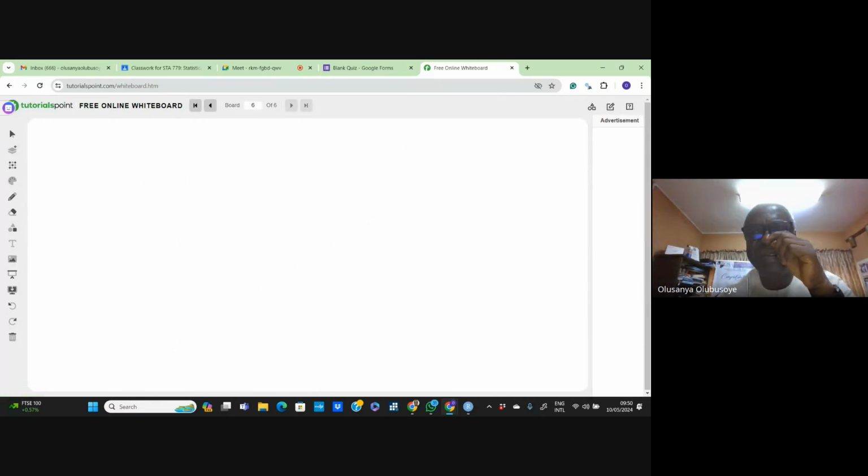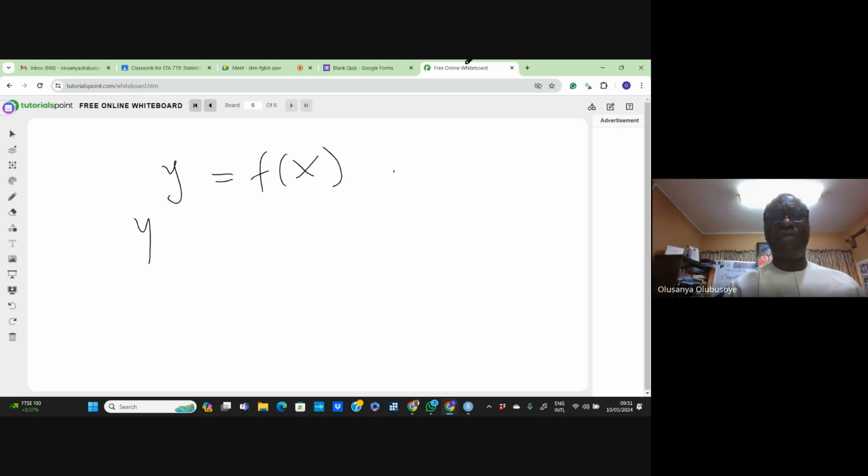Okay. When you have your model y equals maybe f of x, this is saying that, okay, maybe you have your x1, x2, x3, and so on.